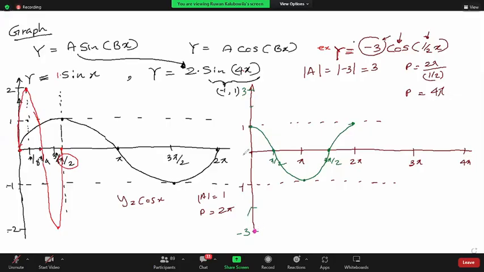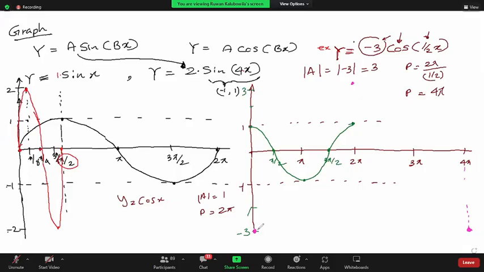Now that means it is just like the inverse or mirror image of the original function starting from here, because this has a -3. So its starting position is here. Then you know that kind of position should be here also at the end point. Then at the middle point, you should have the maximum here.